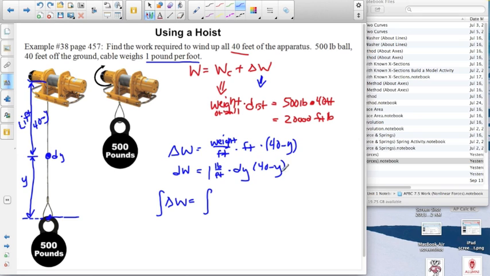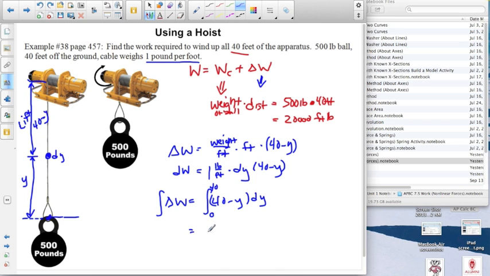Almost forgot the most important part there. So we are integrating then 40 minus y dy. And again, this cable is present throughout this entire variable portion. So we're going to be lifting that cable down at the 0 mark and also up at the 40 mark.